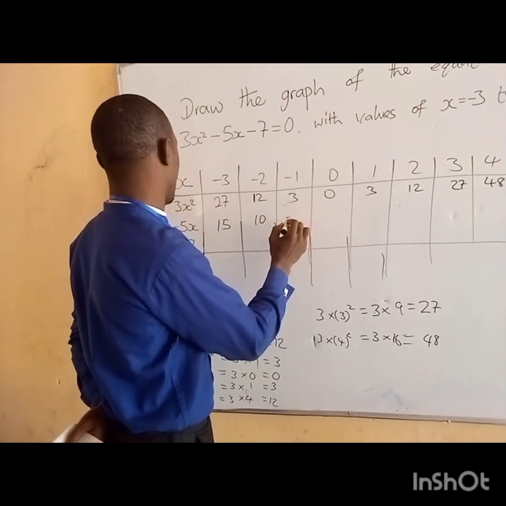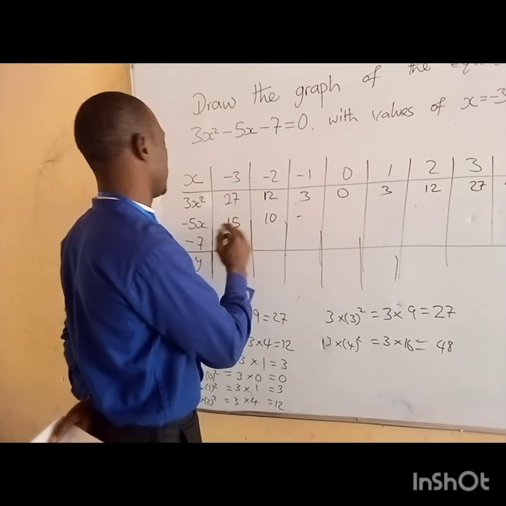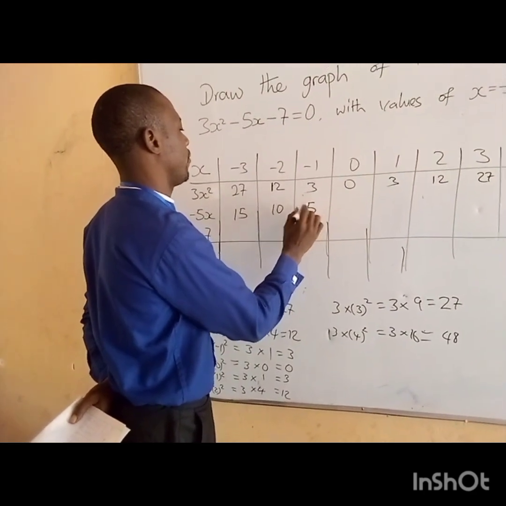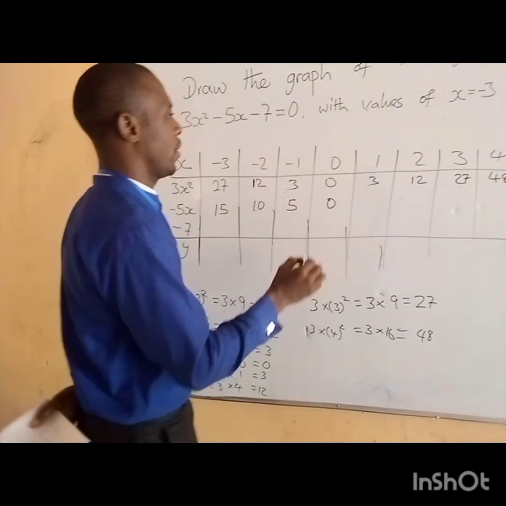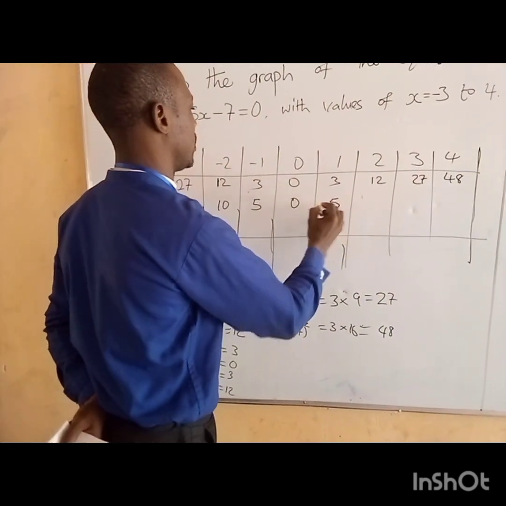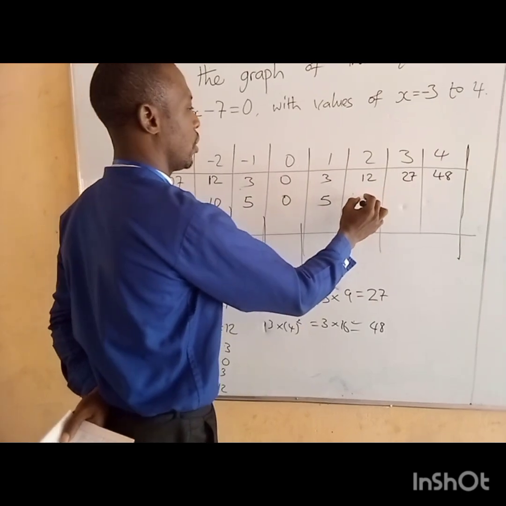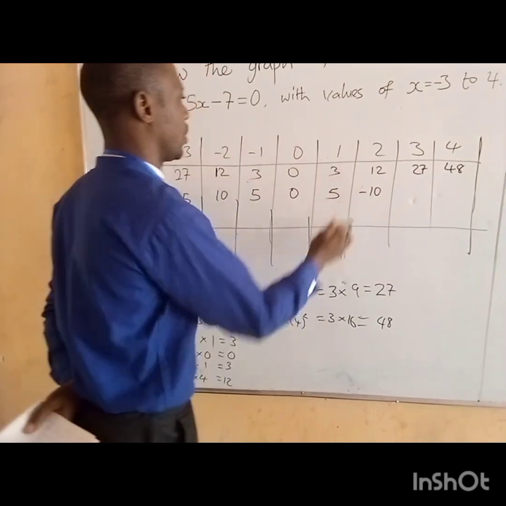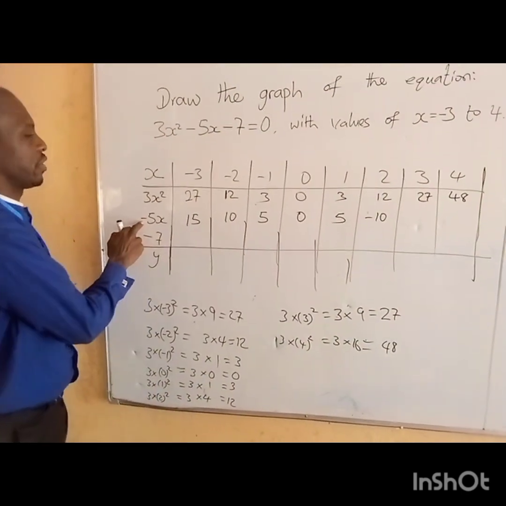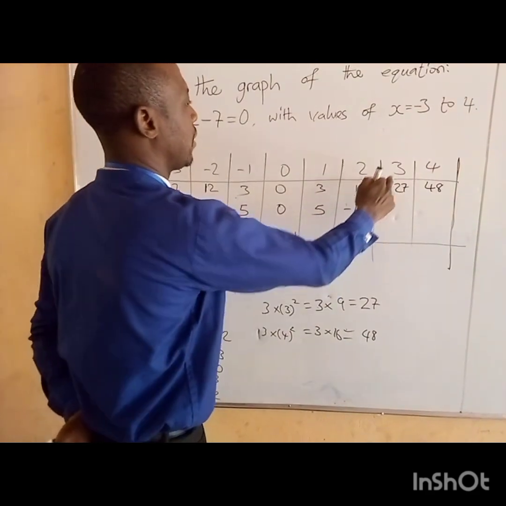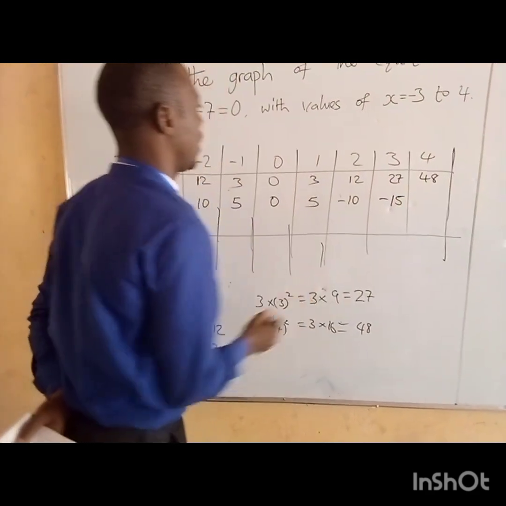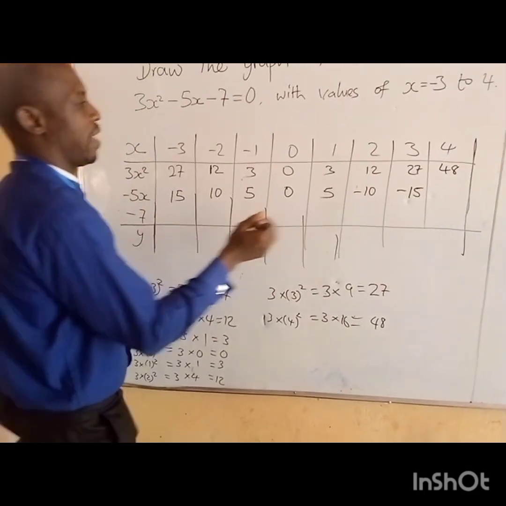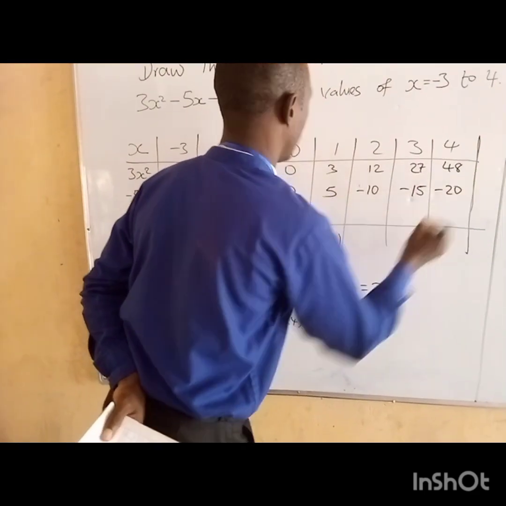When you come down here, minus 1 times 5 will give you 5. When it is 0, your result will be 0. When it is 1, the result is -5. When it is 2, the result is -10, because 2 times minus 5 gives you -10. 3 times minus 5 gives you -15. And 4 times minus 5 gives you -20.